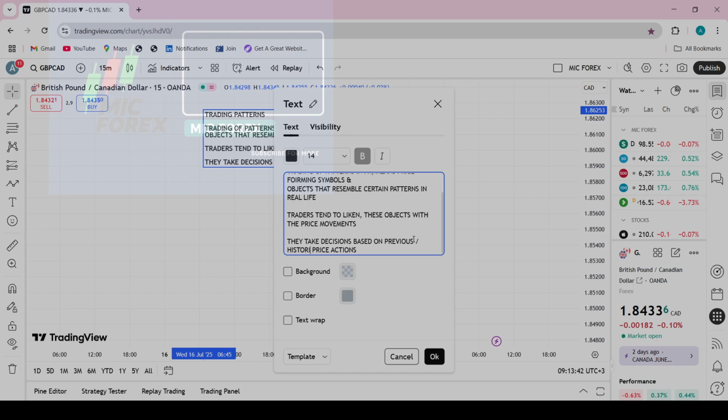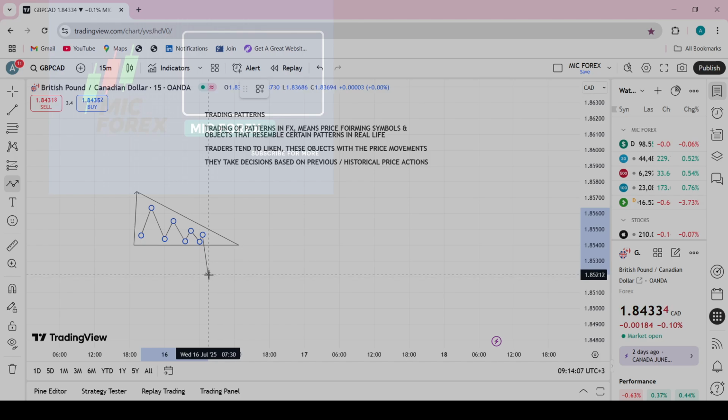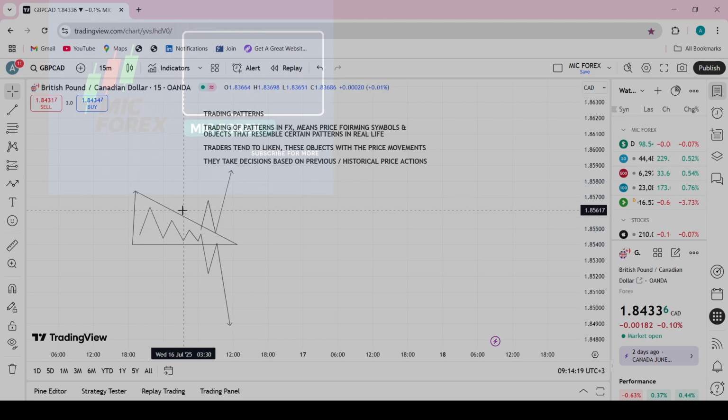Remember, this is to say that if the price forms what we call, for example, a falling wedge, yes, a falling wedge, such that you can draw a certain object here, then you say if it drops to the downside, you wait for a retest, then a bearish engulfing candle. If the price breaks to the upside, then you wait for the retest, then a bullish engulfing candle.